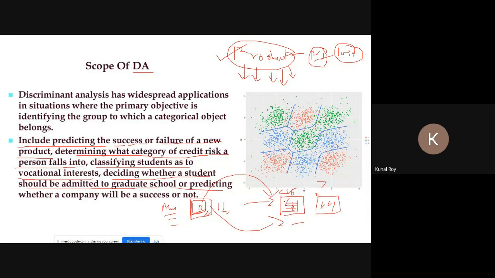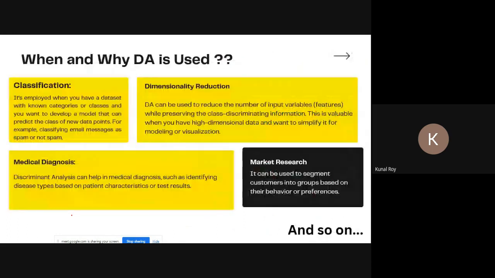That's why we can say that a discriminant analysis approach can be made here also. And lastly, an example of whether a company will be a success or not. Suppose we have a normal startup business. We have some data before doing the startup business. Whether it will give me a success or not, here also a discriminant analysis approach can be used.